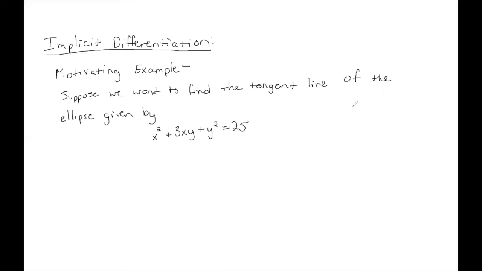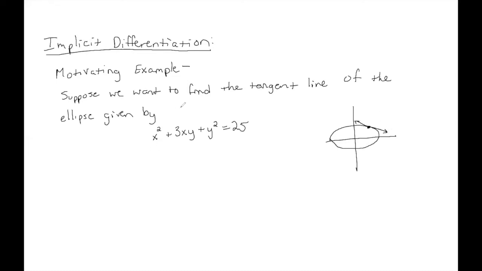All right, so let's remind ourselves that an ellipse is like an oval sort of shape. And we're looking for the equation of the tangent line really just at any arbitrary point. So let's just pick this point out here. Looking for an equation of this tangent line here.